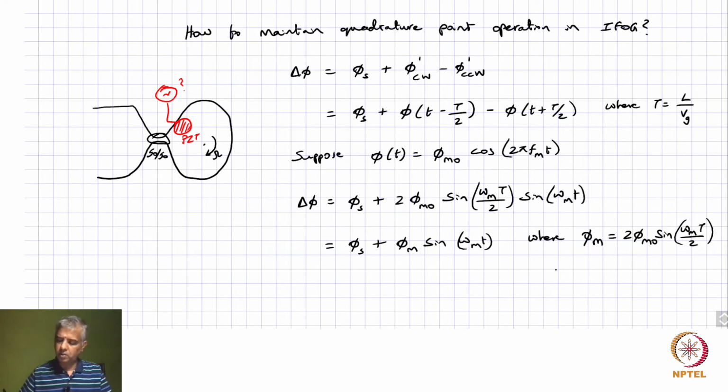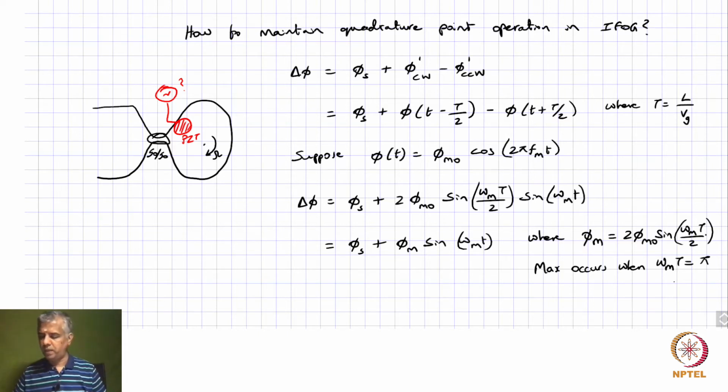So, when you try to look at that, the max for the above thing occurs when omega m t by 2, or let us just say omega m t, is equal to pi, right.